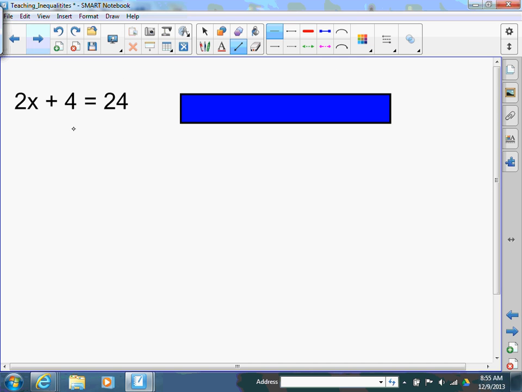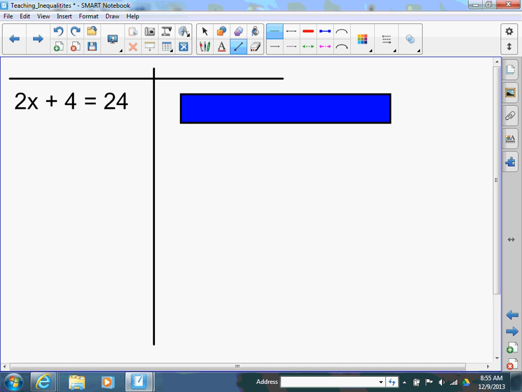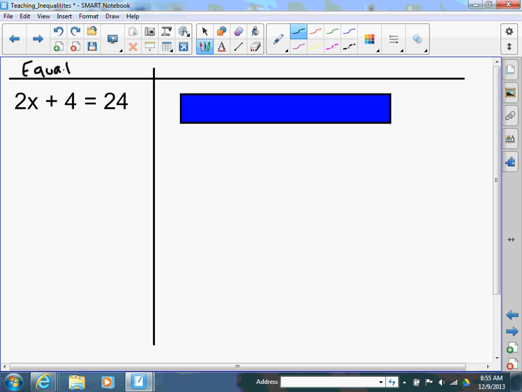All right. The first one I want you to write underneath the heading of equations, this one right here. So here's my paper, divide it in half. So this is on my equation side. It's an equation. Okay, write this down. 2x plus 4 equals 24.